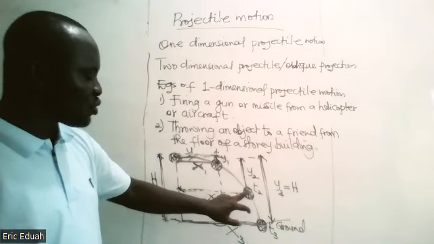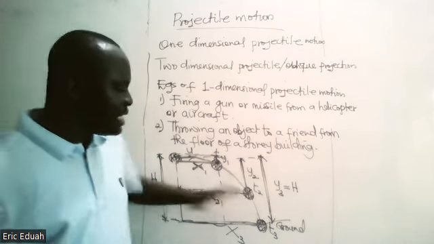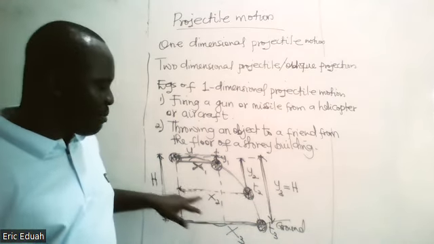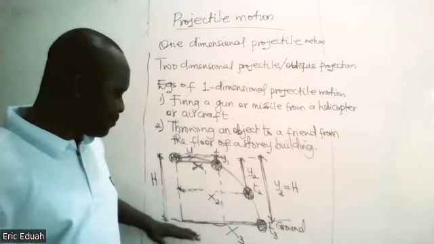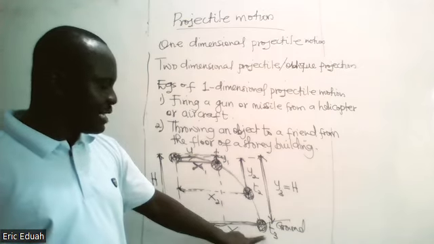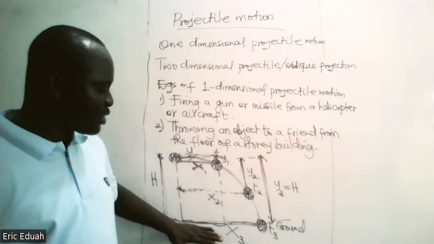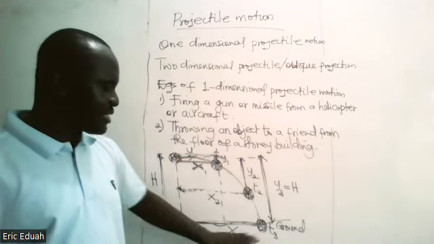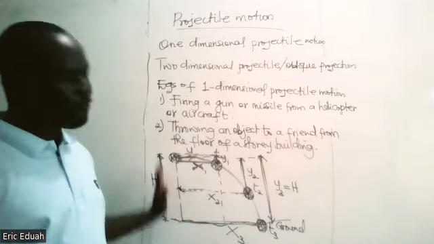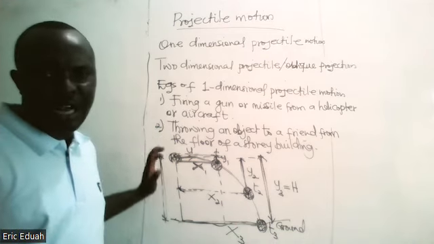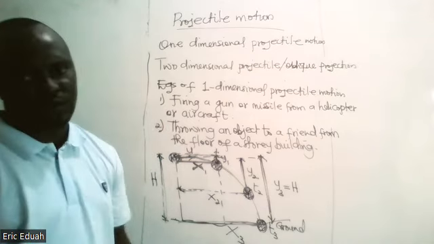For time t2, the body will be displaced from its original position by x2 and then vertically by y2. Then for t3, the body will be displaced from its original position by x3 and vertically by y3, which is equal to the height of the initial position of the body from the ground, right?